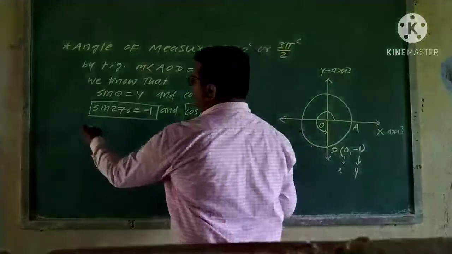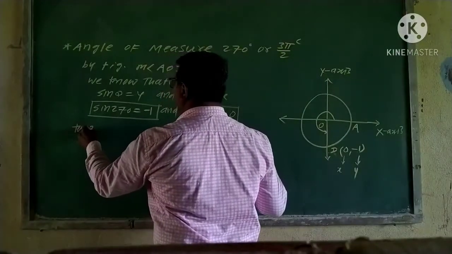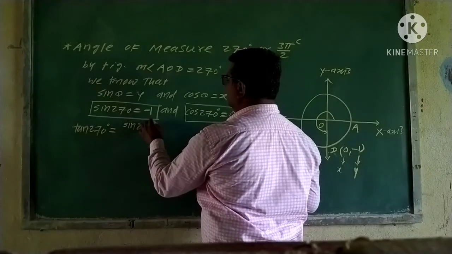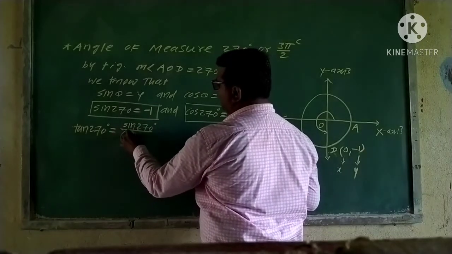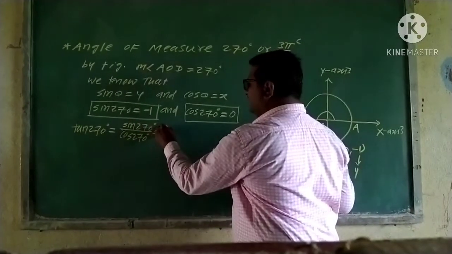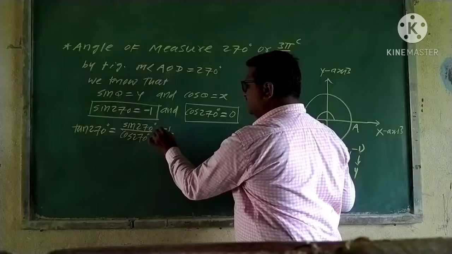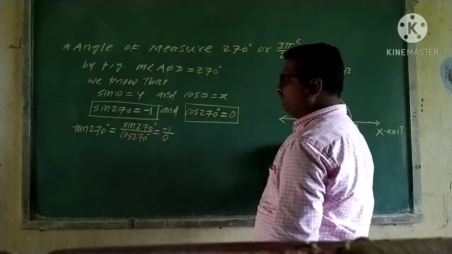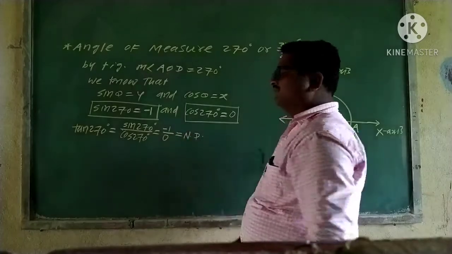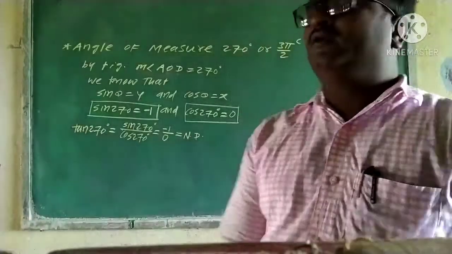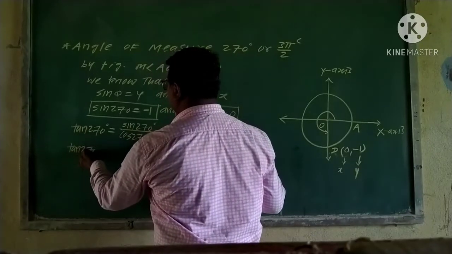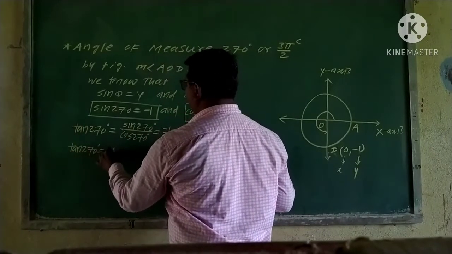Tan of 270 degree equals sine of 270 degree divided by cos of 270 degree, which is -1 divided by 0, not defined. So tan of 270 degree is not defined.